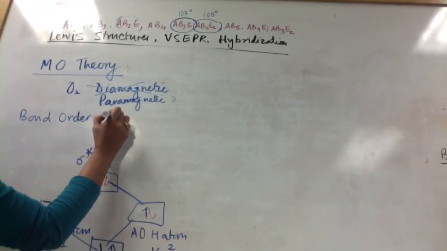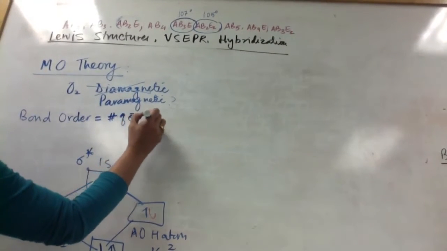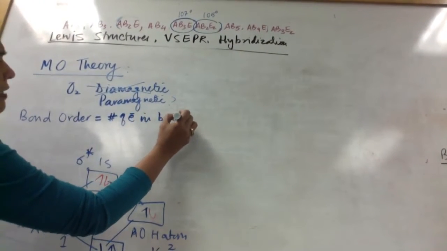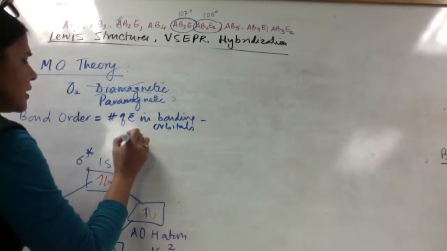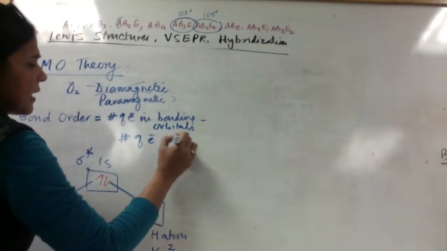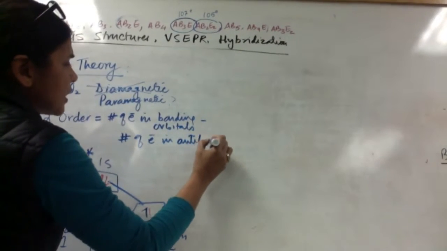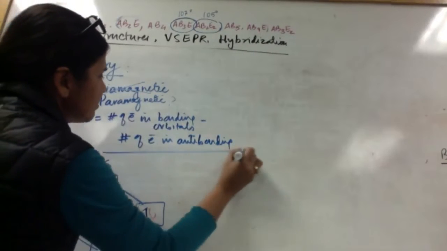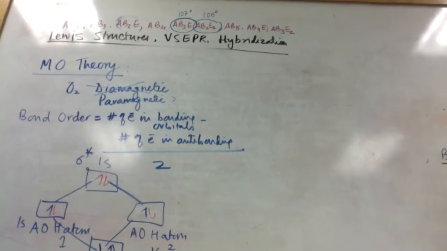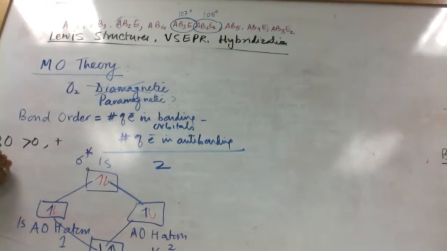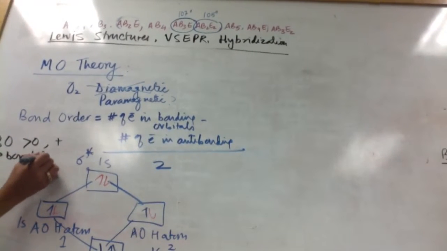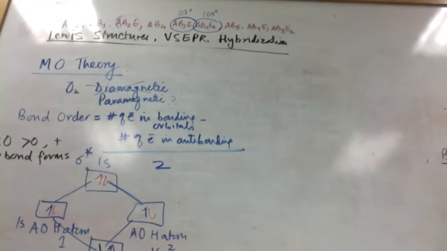Bond order is equal to the number of electrons in bonding orbitals minus the number of electrons in anti-bonding orbitals, divided by 2. And 3 things to remember here. If bond order is greater than 0, meaning positive something, then a bond forms. Otherwise, if it is 0, a bond does not form.